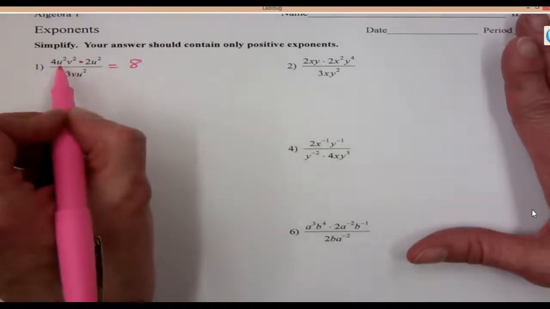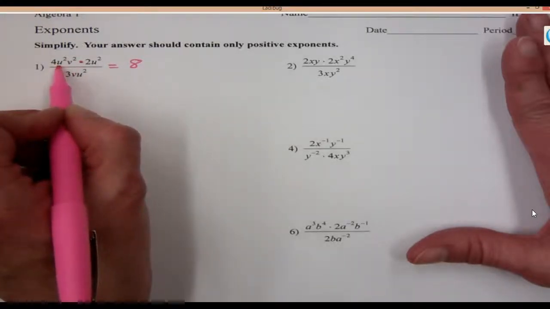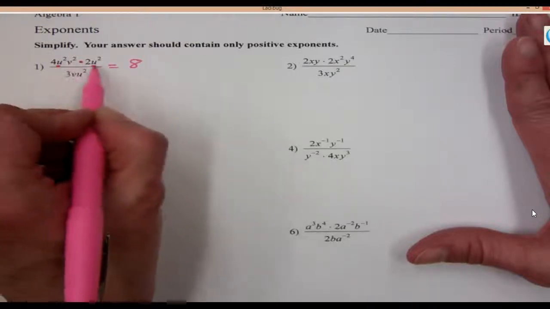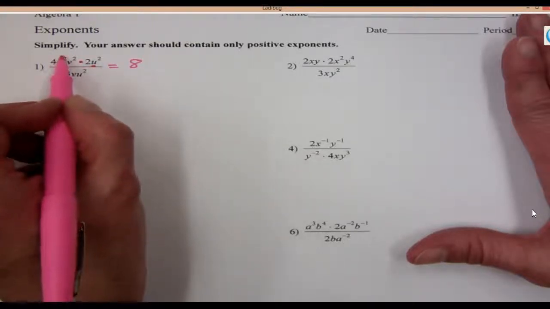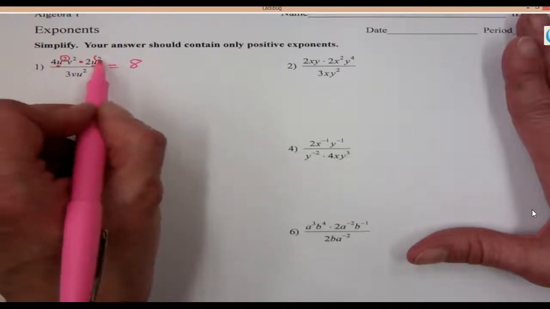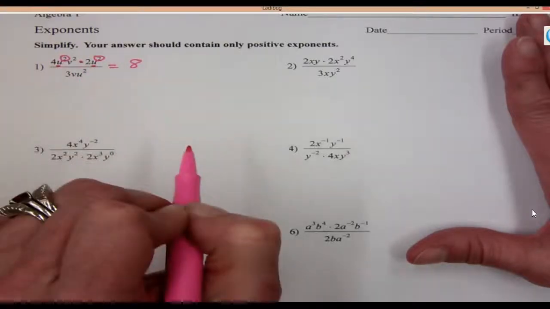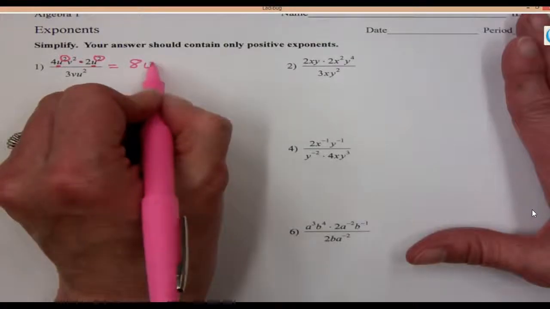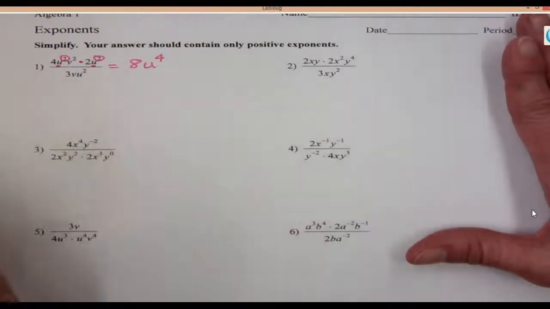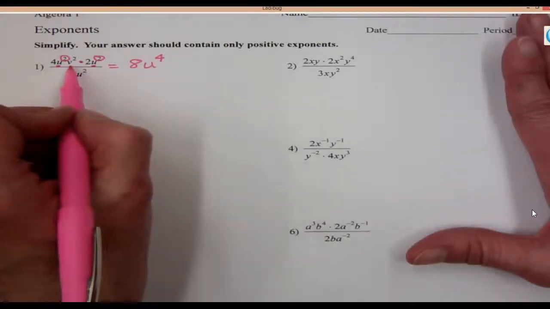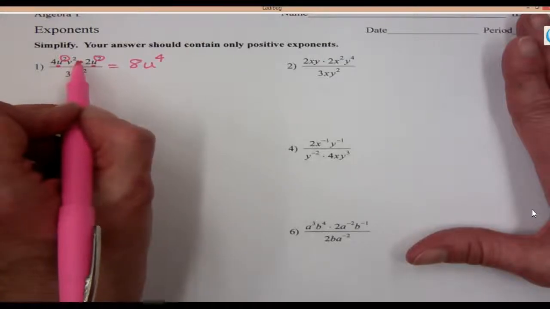And then we look at the variables. I'm going to look at the ones that are the same. U and U. This has a 2. This has a 2. I'm going to add those together. So I'm going to get U to the 4th, since 2 plus 2 is 4. I have a V here, V squared.